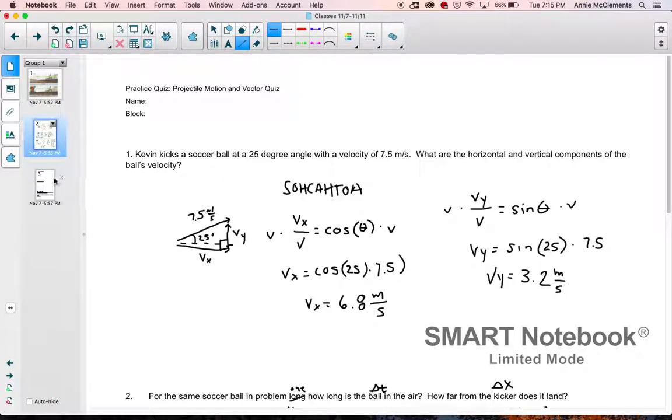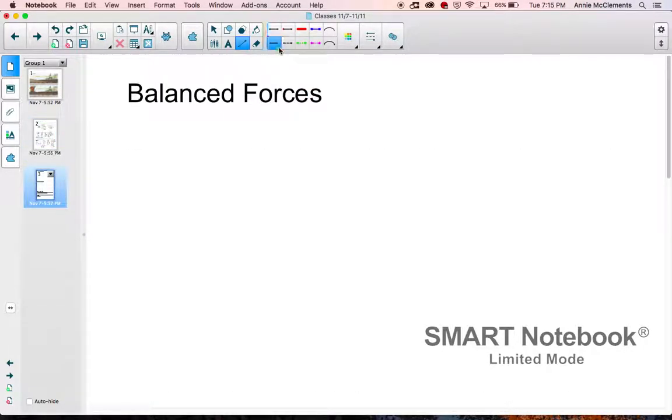Alright, so you might have something like this. For the first free body diagram, if you add them together, head to tail, you stack them directly on top of each other, they're the same length, there is no F net.